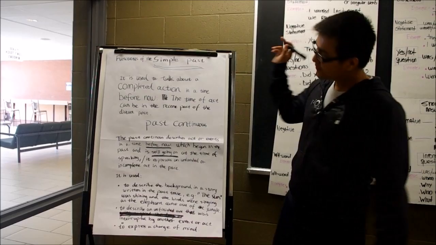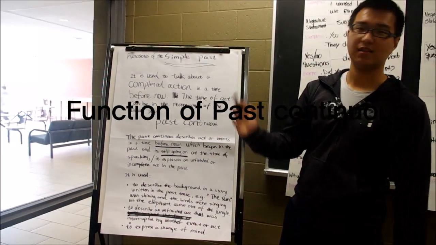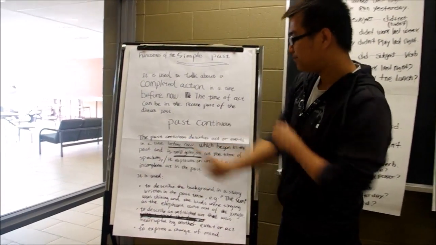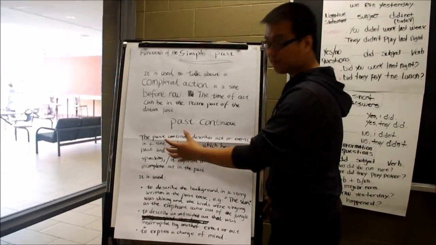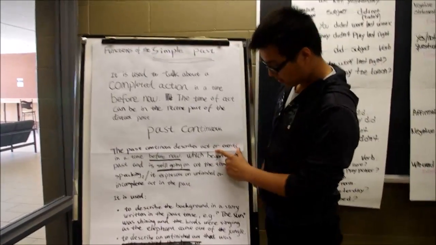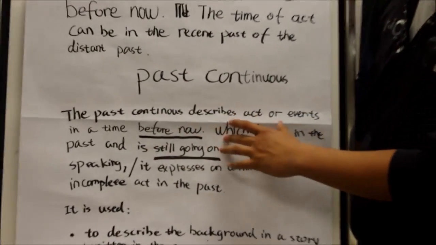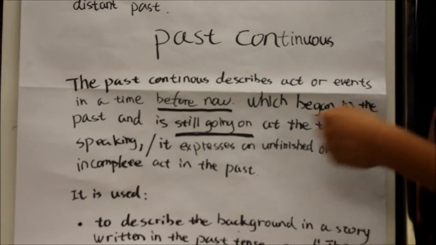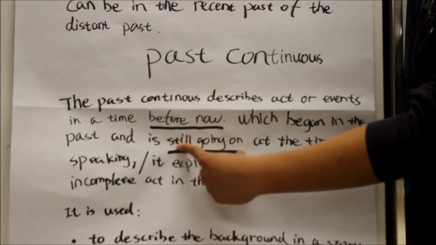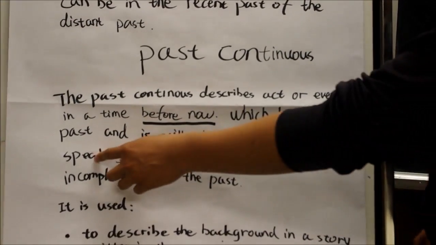After the past continuous form, we go to the past continuous function. About the past continuous, we have to know that it describes actions or events in a time before now, which began in the past and were still going on at that time.